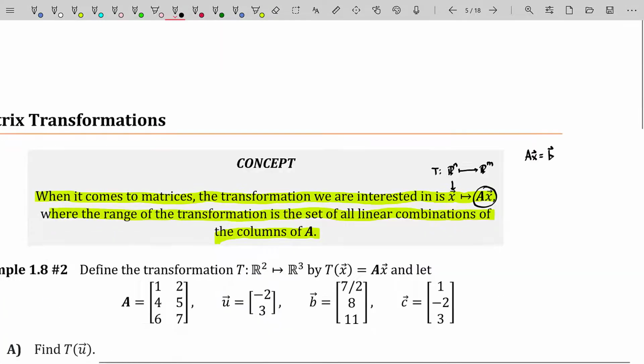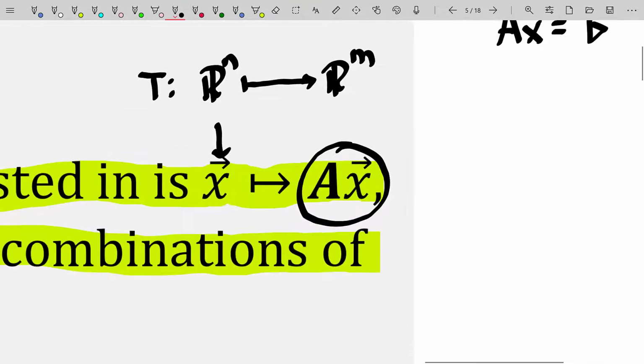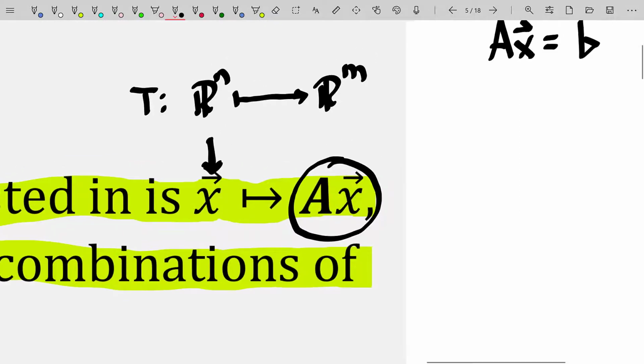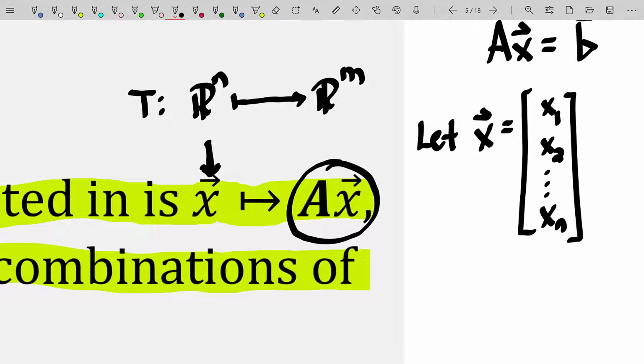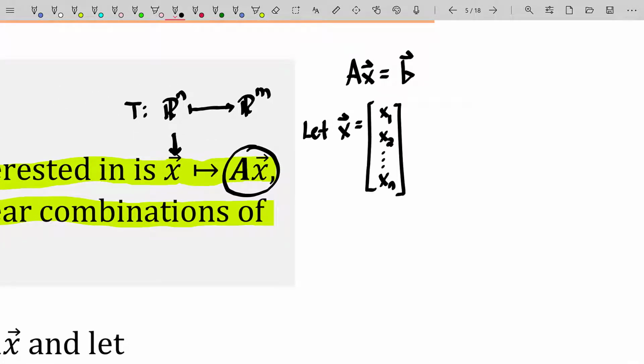The range of the transformation is the linear combinations of all the columns of A. And the reason why we say that is, remember, x is just some random vector in R^n. If we call x the vector x_1, x_2, all the way to x_n, then we know from our previous work in linear algebra so far that the matrix vector product is just a linear combination of the columns of the matrix A, with the weights being these corresponding values in x.